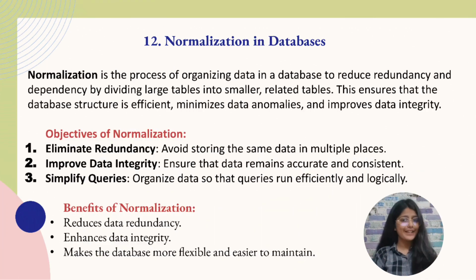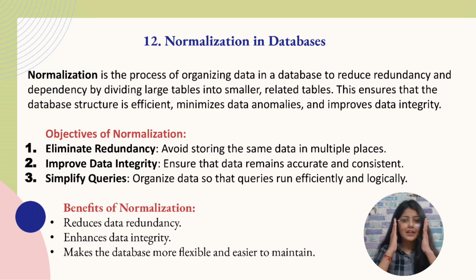Our very last question is: what is normalization in a database? Normalization is the process of organizing data in the database to reduce redundancy and dependency by dividing a large table into smaller related tables. This ensures the database structure is efficient, minimizes data anomalies and improves data integrity.